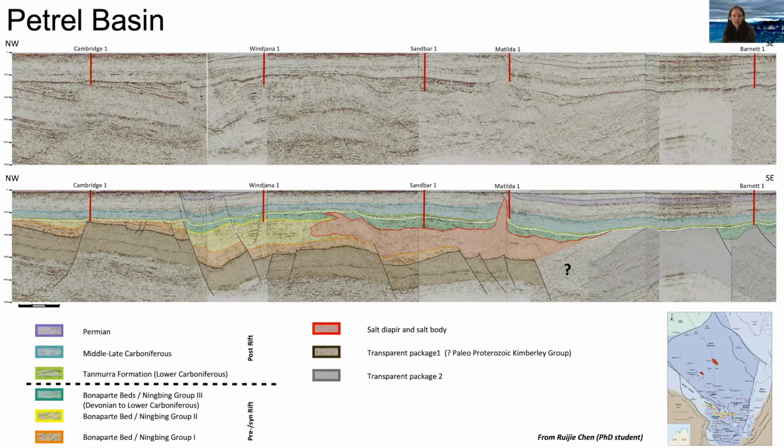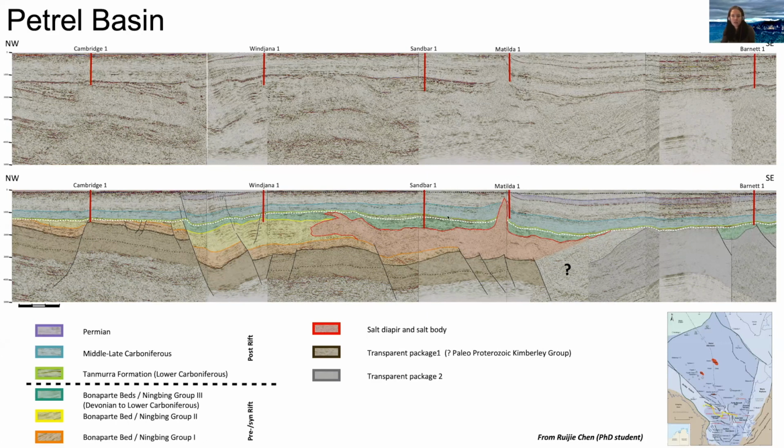We also have this seismic line. A lot of the work that Chris has been doing relates to the interpretation of seismic lines. As you can see, several wells have penetrated the Devonian and early Carboniferous sediments in the southern part of the Petrel Basin.